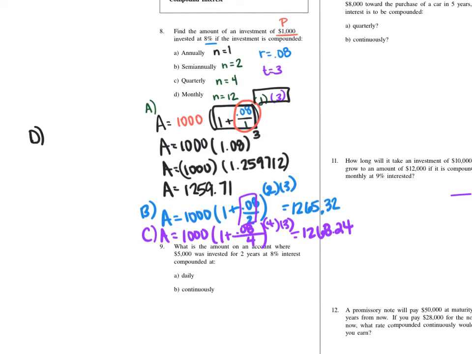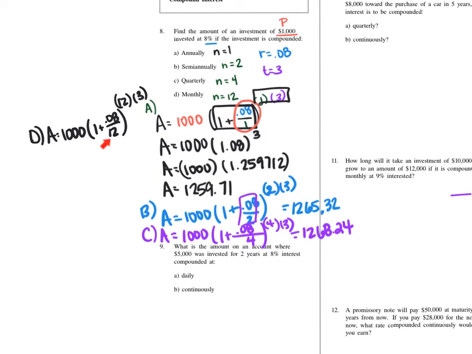As a matter of fact, when we do it for the monthly compounds, I want you to notice that A is still equal to 1,000 times 1 plus 0.08 divided by 12, raised to the number of compounds, which is 12, times the number of years, which is 3.